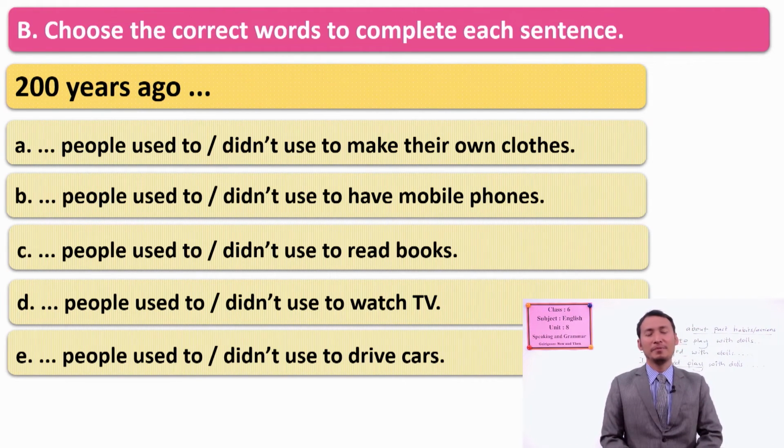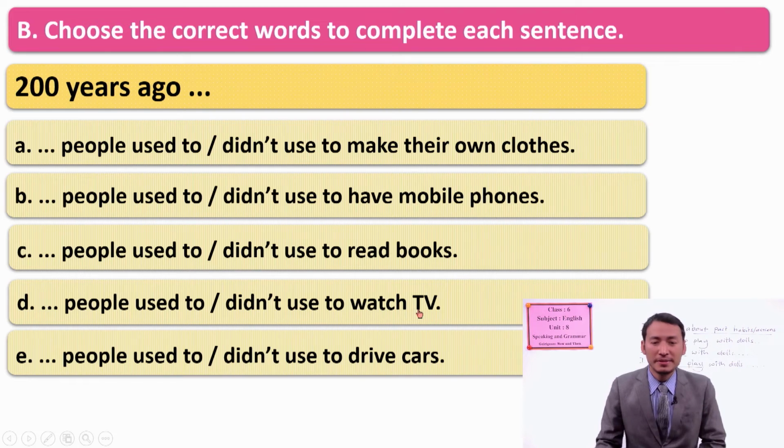Before that, people didn't use them in Nepal, and in many parts of the world, people were not used to it. Okay, students, and people didn't used to read books. So before, people used to read books, right? It's right, because they didn't have computer, they didn't have internet. They used to read books and didn't watch TV.